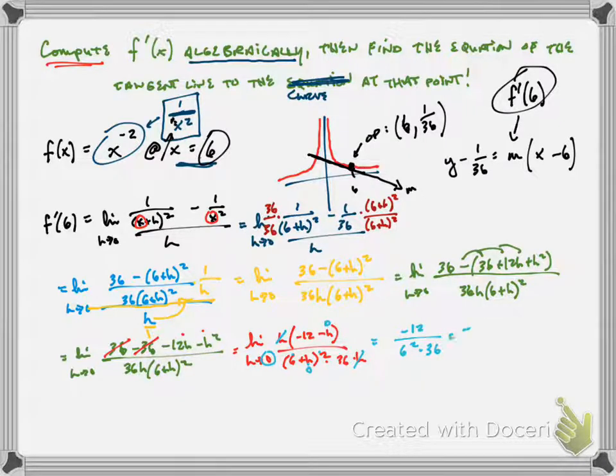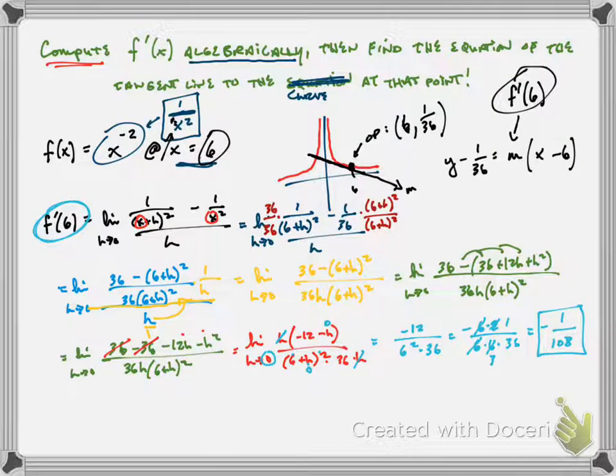Well, that's the same as negative 6 times 2 over 6 times 6 times 36. The 6 is reduced. 2 over 6 reduces to a third. And we're left with negative 1 over 108. 36 times 3 is 108. So that's your slope. That's f prime of 6.